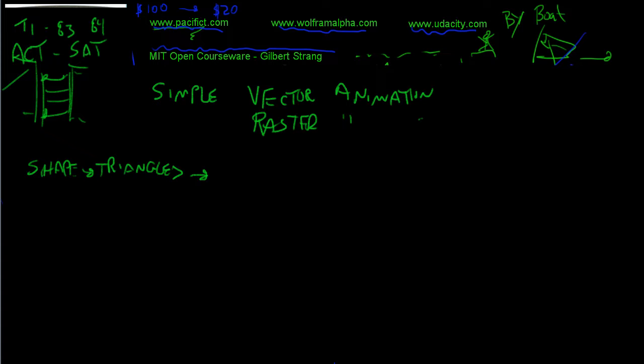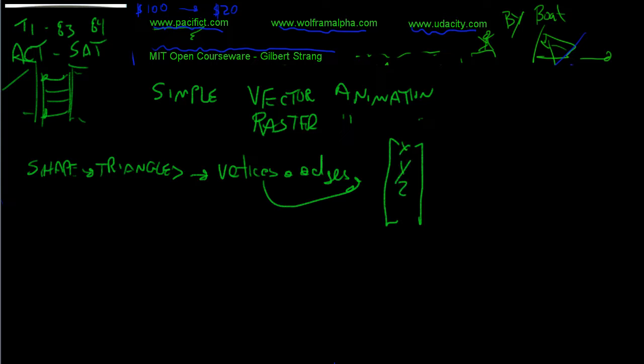Triangles, of course, are going to be vertices and edges. And vertices are defined by a vector that is x, y, and z, typically, even if the z is 0, and then what we would call a 1 chaser or a scale factor of 1.